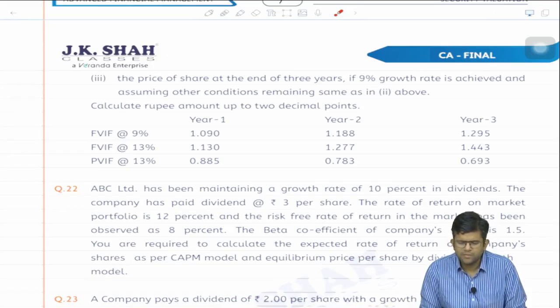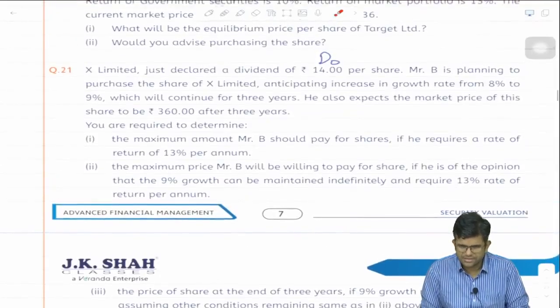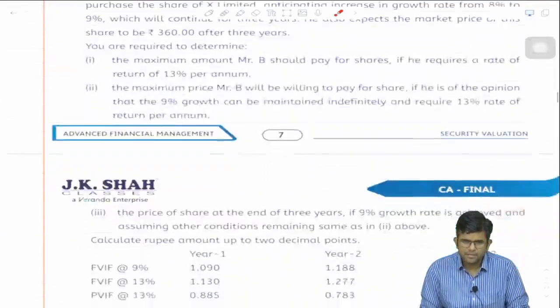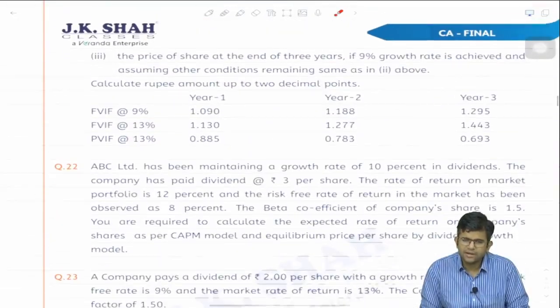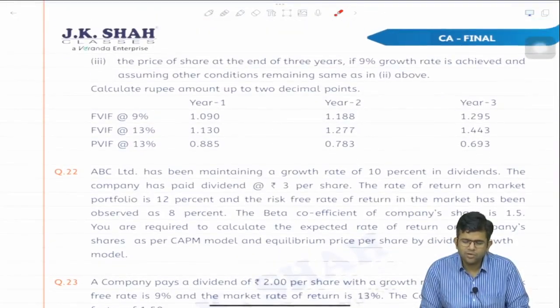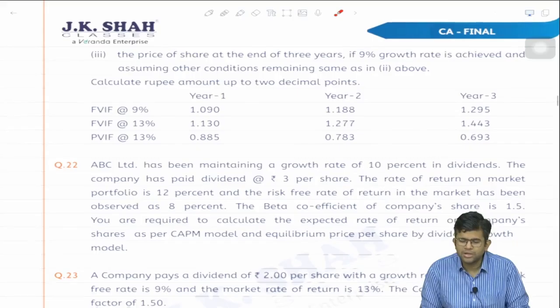Which means they are asking you to find P3. Now you will say, sir, P3 is given, 360. Yes, it is given. But now they are saying, okay, forget it. Now you calculate if you are going to assume that growth rate will be 9%.